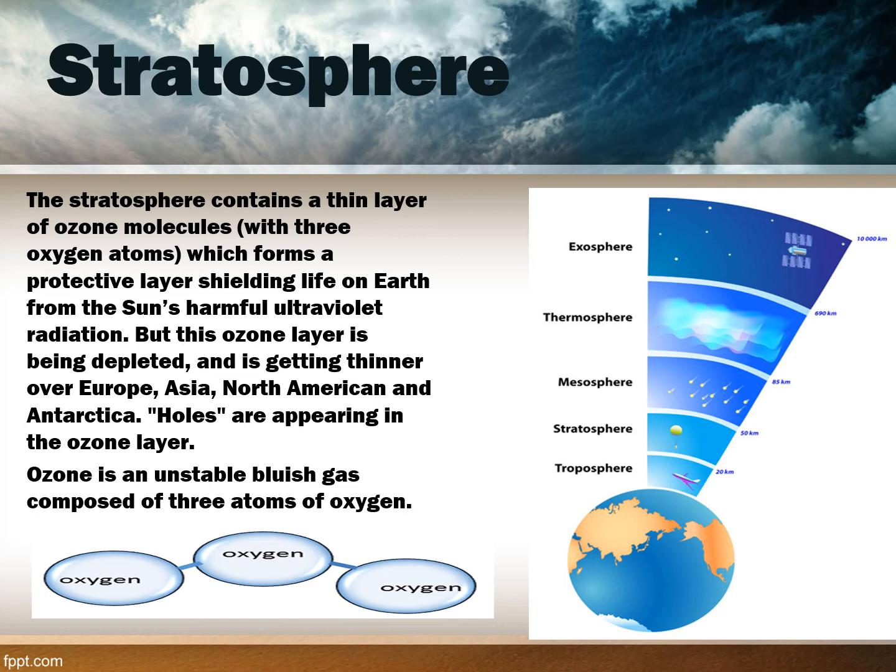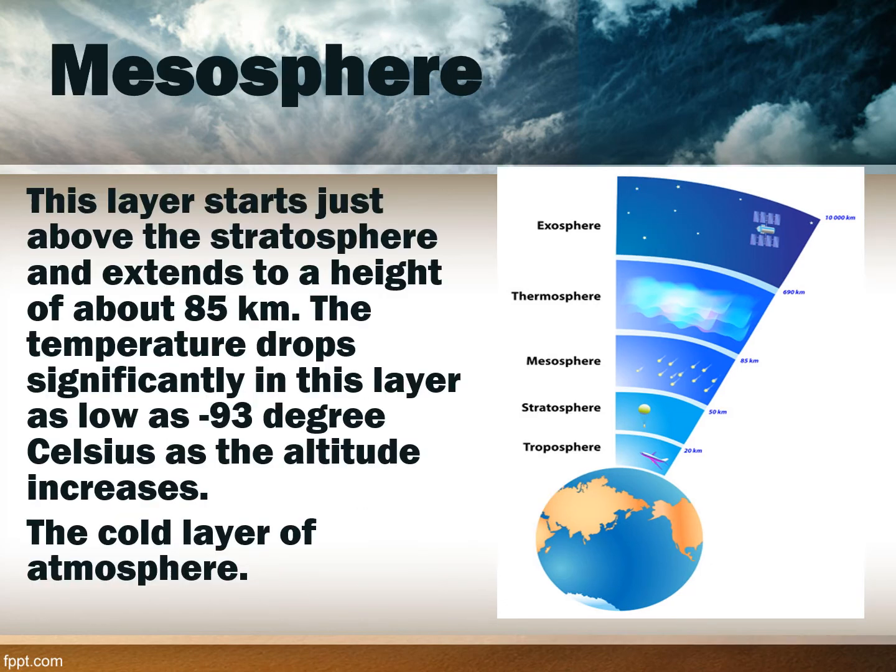Ozone is an unstable bluish gas composed of three atoms of oxygen. So it's very important for us to take care of our atmosphere by decreasing our air pollution contribution.